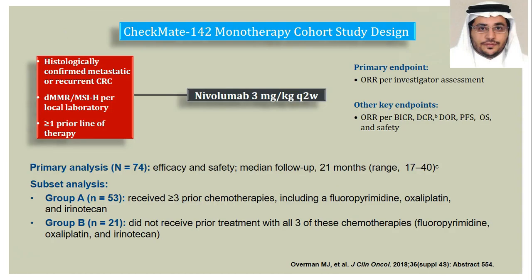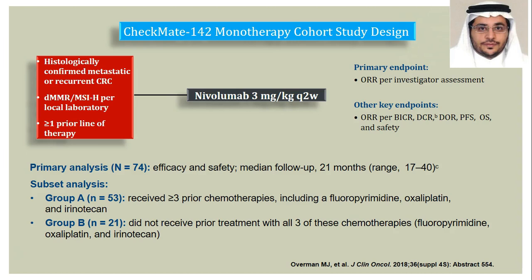Subsequently, in CheckMate 142, they used cohort A with histologically confirmed metastatic or recurrent colorectal cancer, MSI high, and they treated all patients with nivolumab. They divided the subset analysis into group A and group B. Group A received more than 3 lines of therapy, and group B received second and third line of therapy.